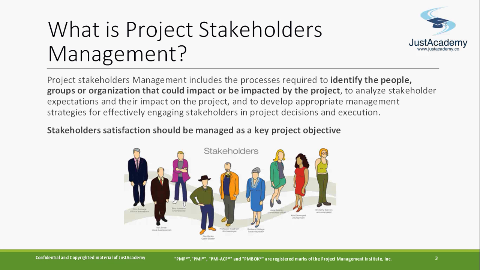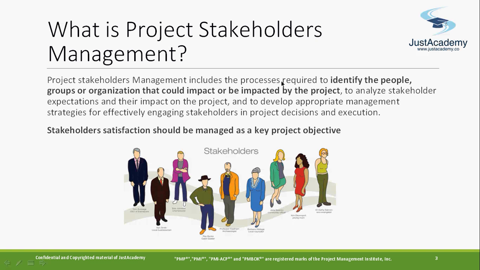Now, project stakeholder management. So first of all, as we discussed earlier, who are the stakeholders? A stakeholder is someone who could impact or be impacted by the project. Those are basically called stakeholders.